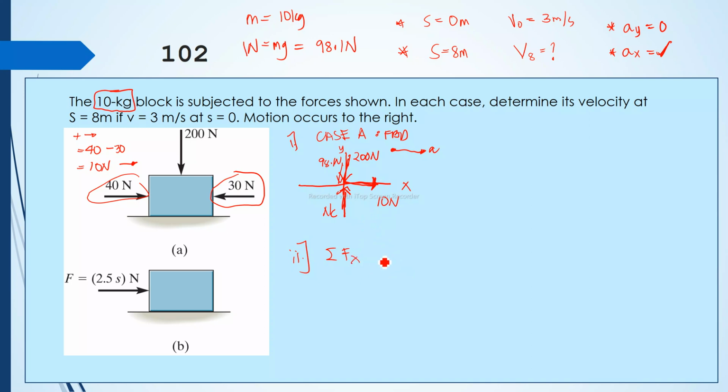The floor is smooth, there is no frictional force, and automatically you can solve for the summation of forces along X, that is equal to the mass times the acceleration along X. So the summation of forces along X is just equal to 10, and there is no other force. It's equal to the mass, 10 kilograms, times the acceleration along X. Therefore, the acceleration along x for our case A is equal to 1 meter per second squared.